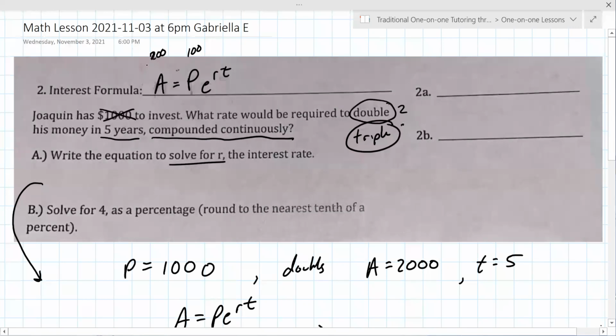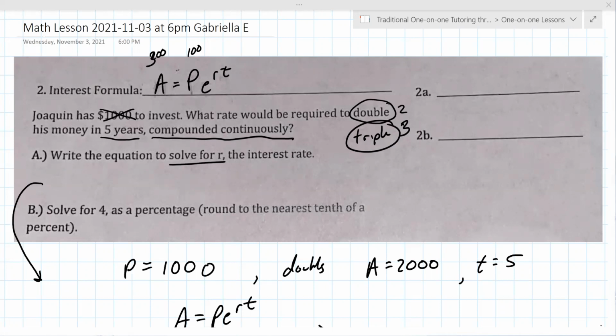If it's triple, that's 300, so you get 3. The point is, they don't actually have to give you the money amount, and sometimes they don't on the exam. They just ask what would be required to double your money in 5 years, and you wonder, what's P? What's A? Well, you have to pick values for those, depending on whether it's double or triple. So that was kind of an overshare, but you may find that comes up on the exam.